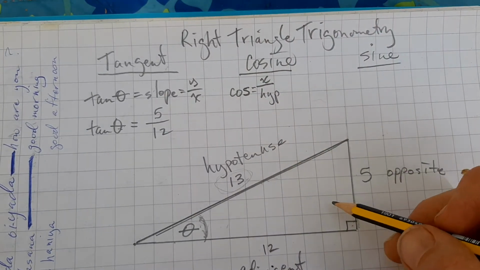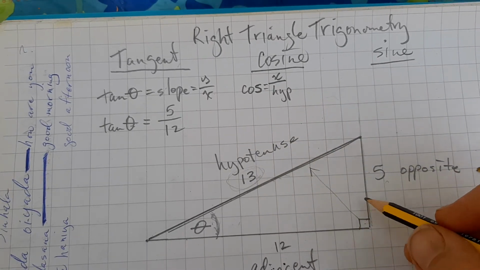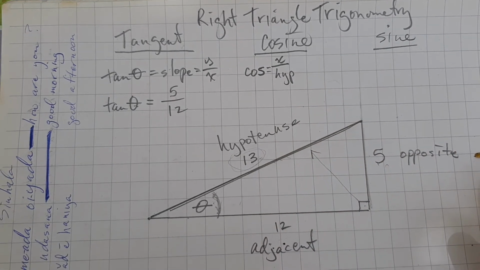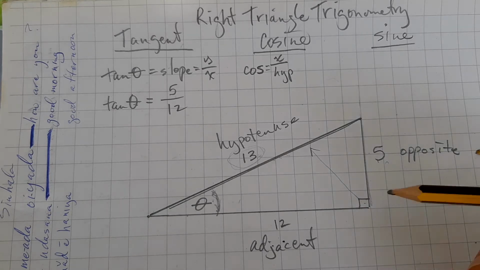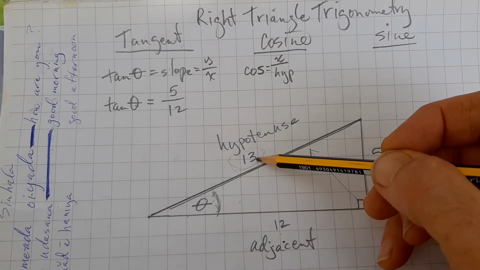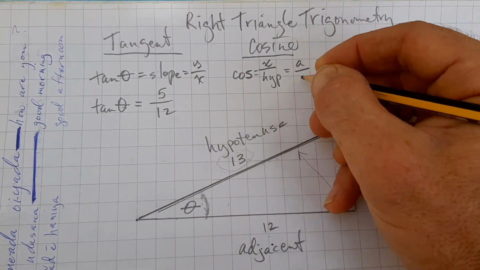Hypotenuse, remember, is the side opposite the right angle, okay? And these are the legs. I got the opposite leg and the adjacent leg. Okay, so cosine is adjacent. You often hear people say adjacent over hypotenuse, okay? This is adjacent over hypotenuse.